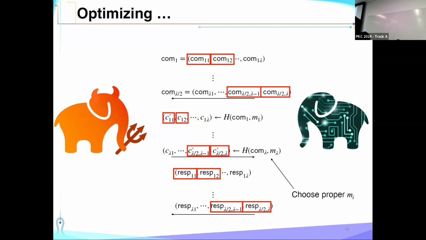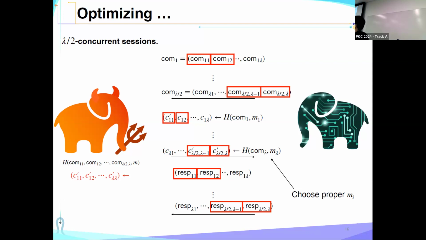So for example, we can choose two entries together, not just one, and then you do the same, but the only difference is that you have a larger pattern you want to match. So you keep the same number of concurrent sessions, but you square the number of hash queries. Yeah, so we can get a trade-off between the concurrent sessions and the hash queries.